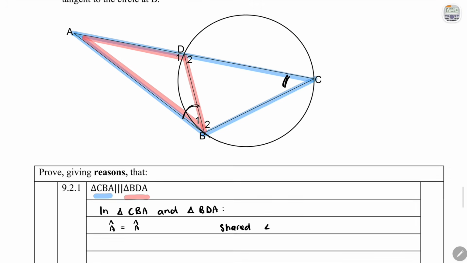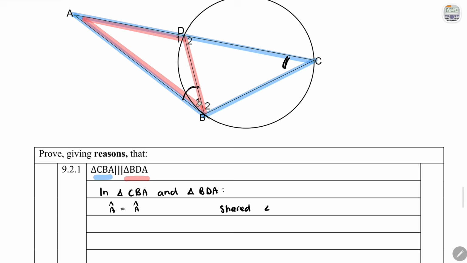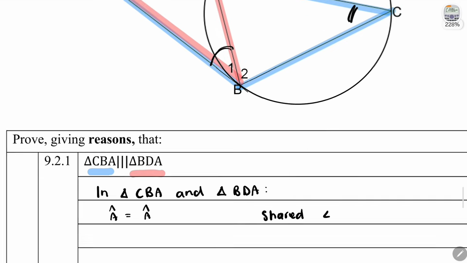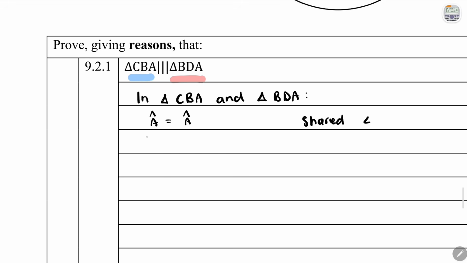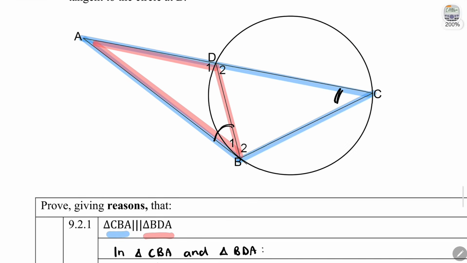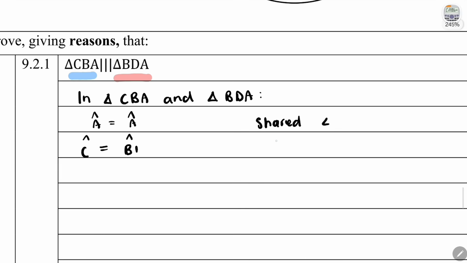Now we can tell them that angle C equals angle B1, just following the same order of putting the blues first. So angle C equals angle B1, and that is because of the tan chord theorem. Because the tan chord theorem here is true, those are equal.